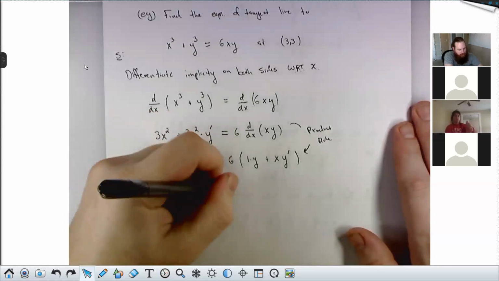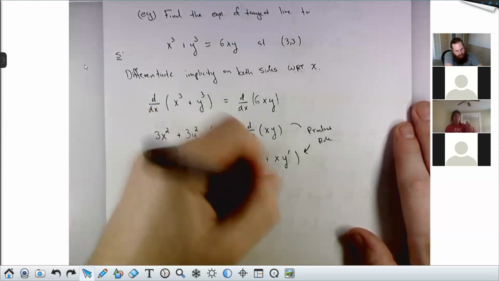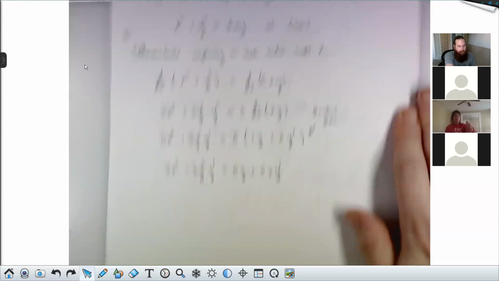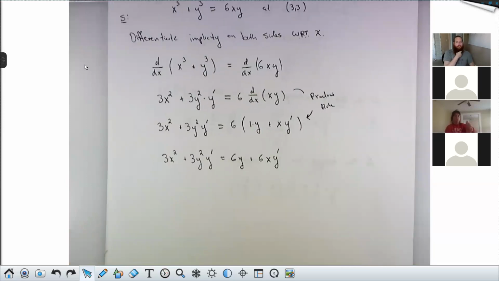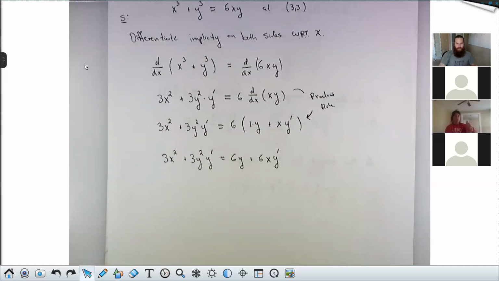So this is going to be 6y plus 6x y prime. If I want to get y prime on its own, I need to pull both of these terms to the same side. So I'll take this guy and send him over here. I'll take the 6x y prime from the right and send him to the left.